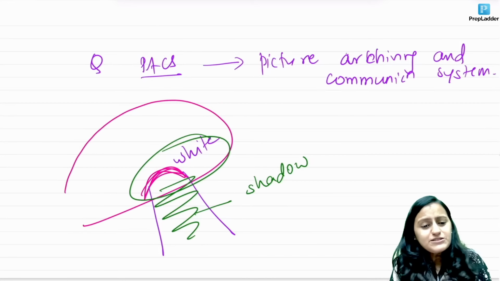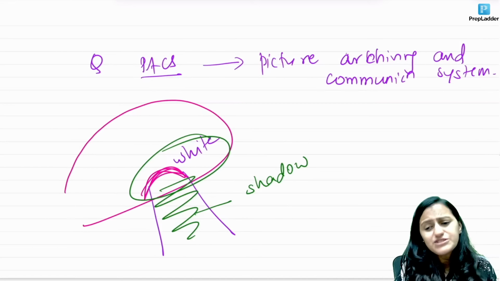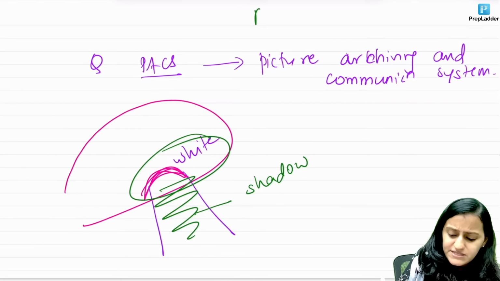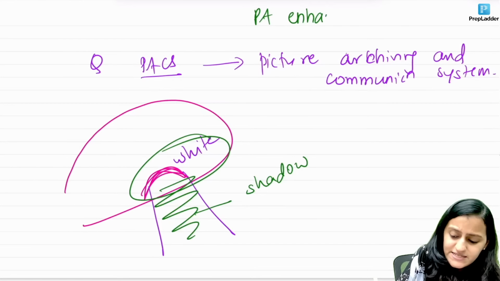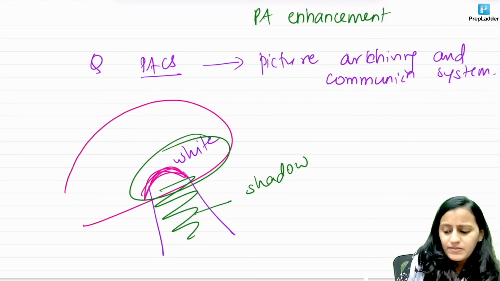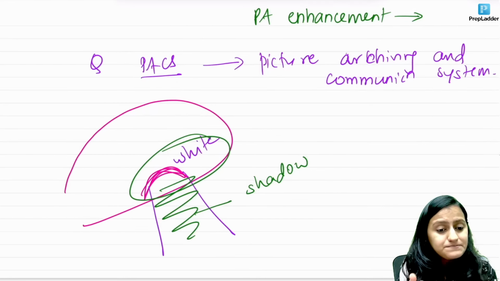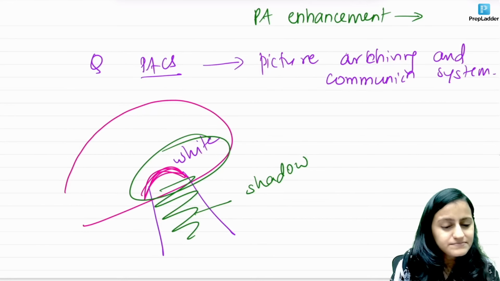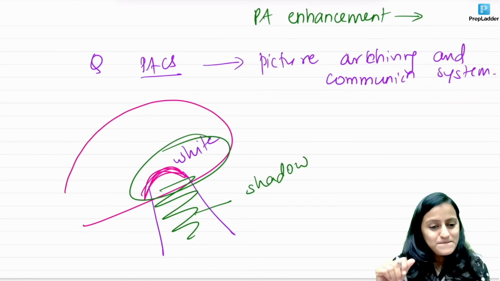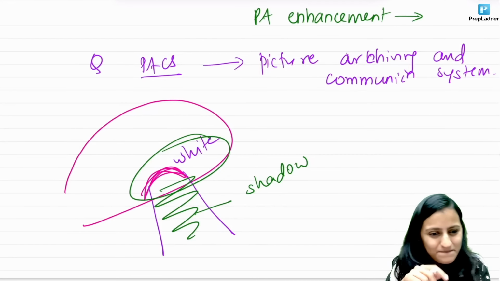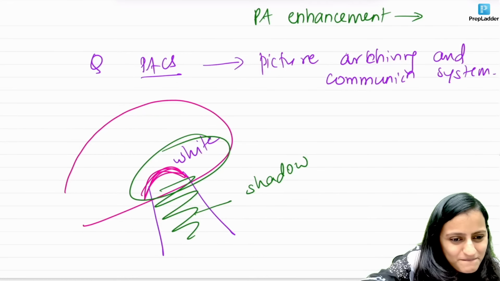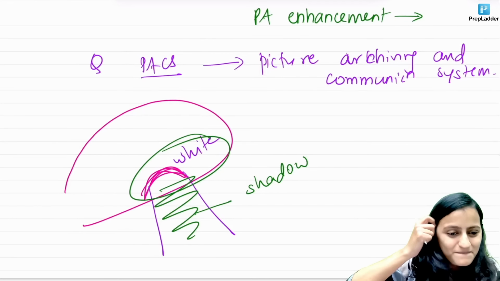Okay, so now since we were talking about posterior acoustic shadowing, can somebody tell me where do you see posterior acoustic enhancement? Posterior acoustic enhancement is seen in... very good.